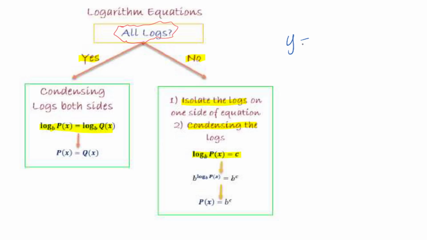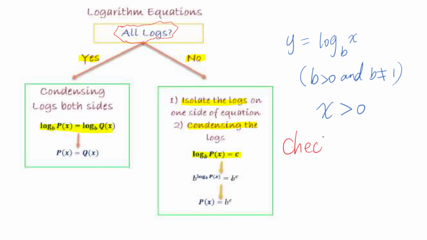For y equals log base b of x, with b greater than 0 and b not equal to 1, we know the argument x must be greater than 0. Therefore, when you figure out the solution, you need to check the solution to make sure the argument is greater than 0.